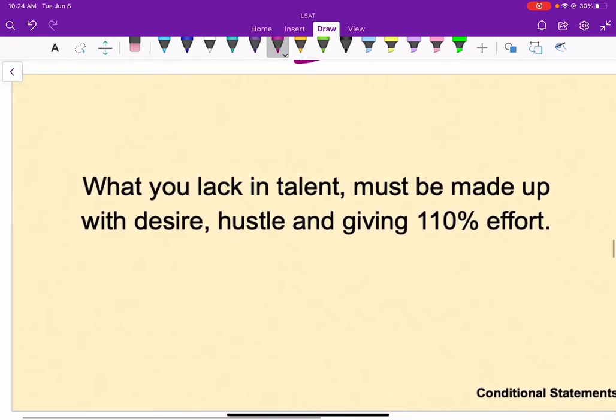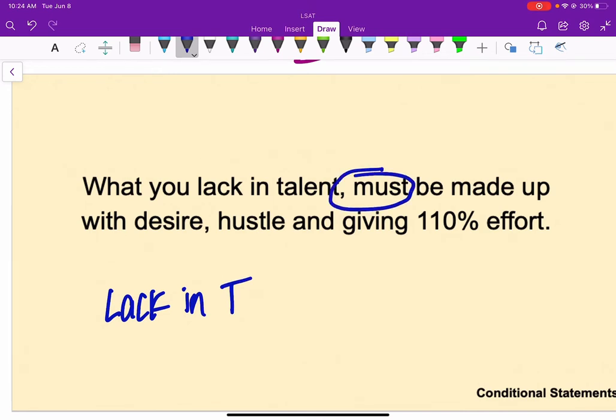All right, so go ahead and try diagramming this one. So we're saying what you lack in talent. So I'm going to say lack in talent. Must. So must is what's going to be introducing our necessary condition here.